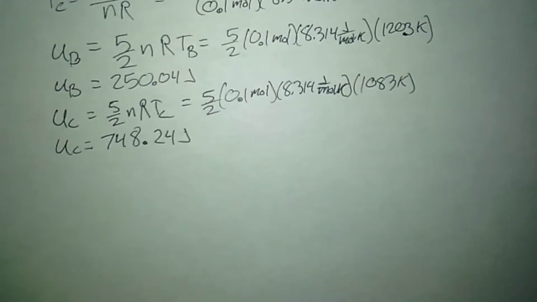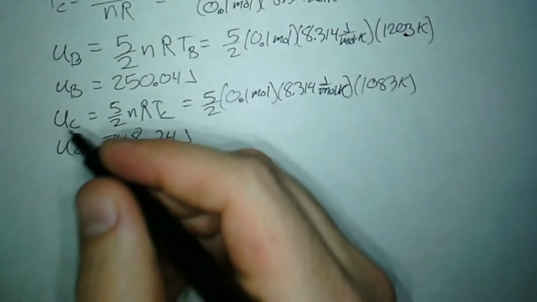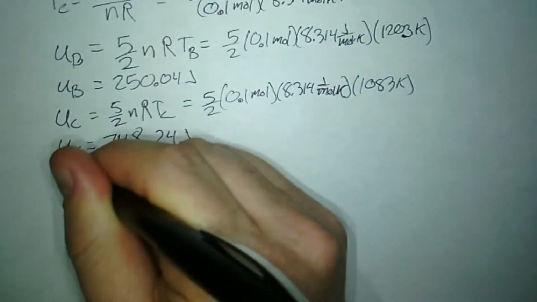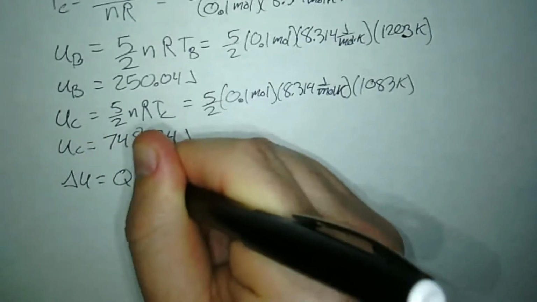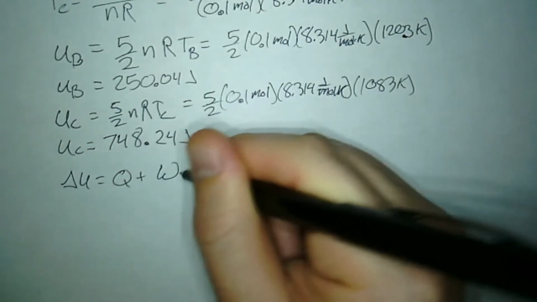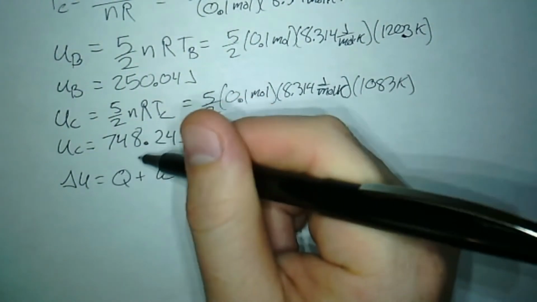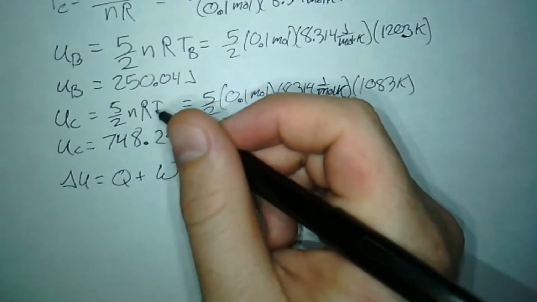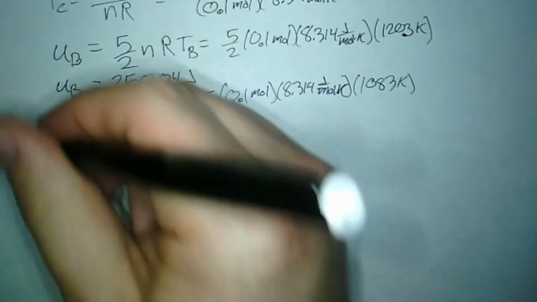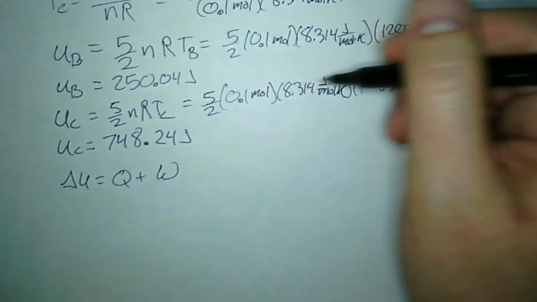And so how do I figure out the heat exchange then? Well, I want to also figure out the work, because I know that the change in internal energy is Q plus W. So heat flowing in plus work done on the gas, right? So I know the internal energy here is this, so I can figure out the difference.